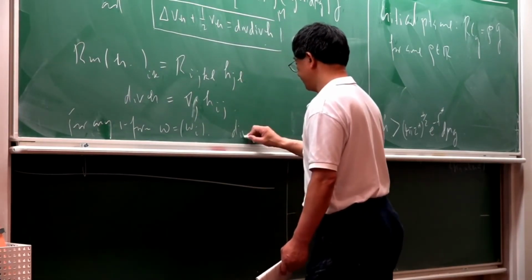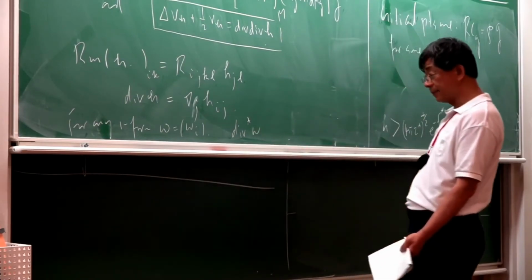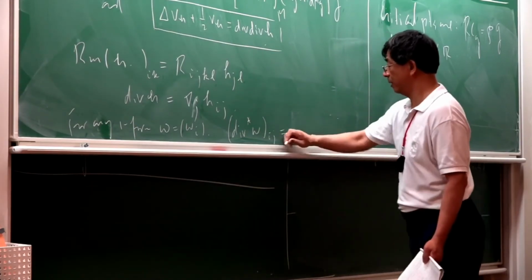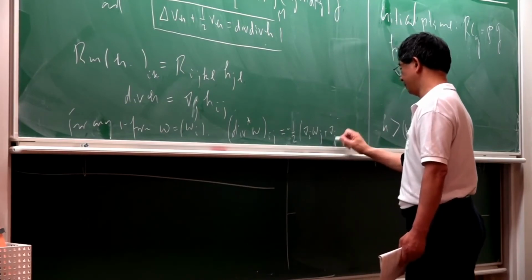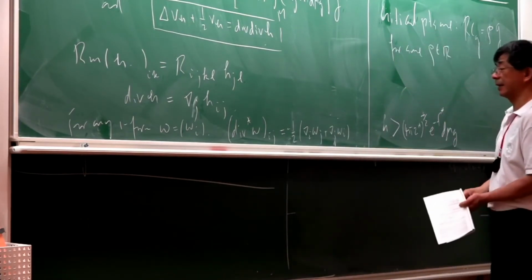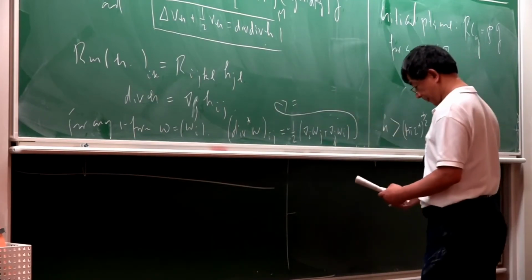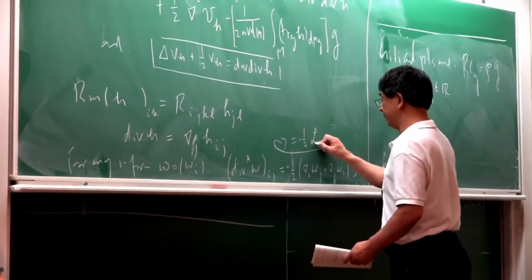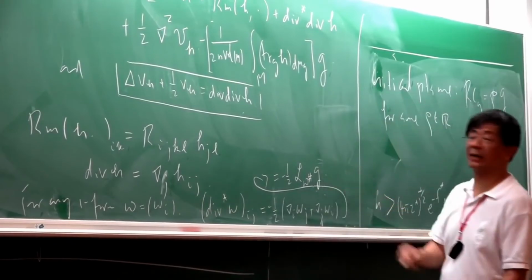the divergence star is the dual of omega, which gets back to a two tensor. So this is R_ij, equal to minus 1/2 (d_i omega_j plus d_j omega_i), or if you like, this is also equal to minus 1/2 of the Lie derivative of the dual vector field acting on the metric g.